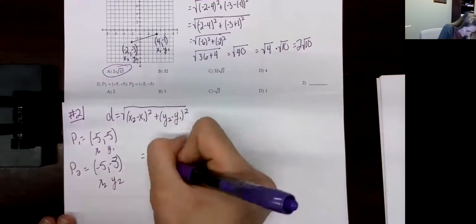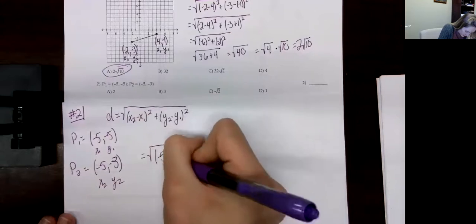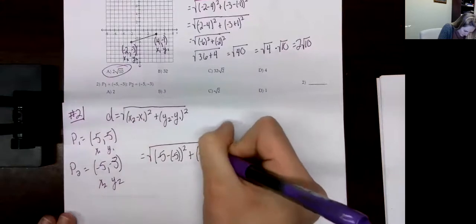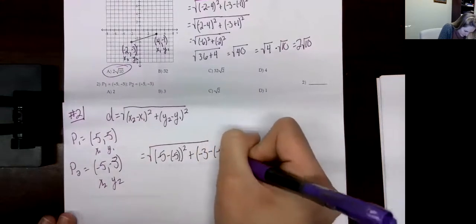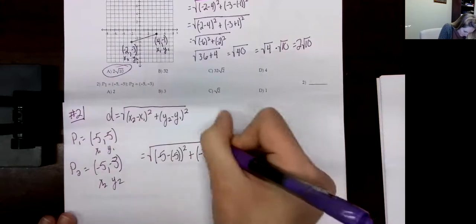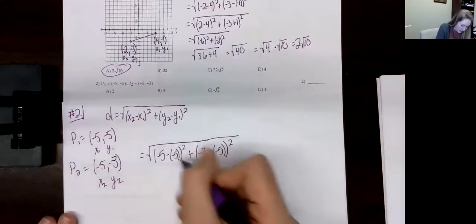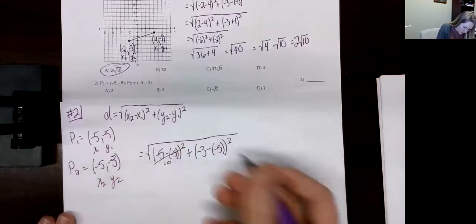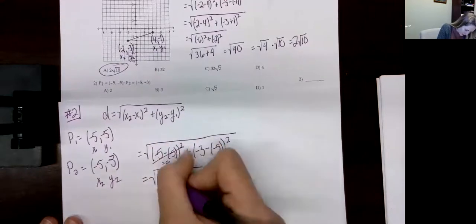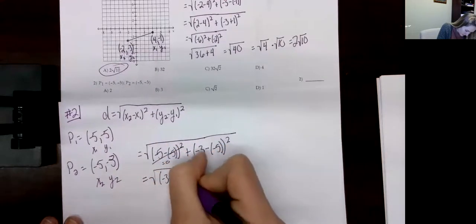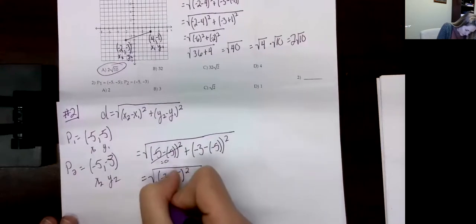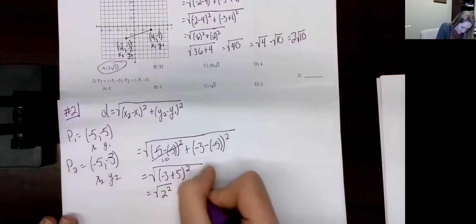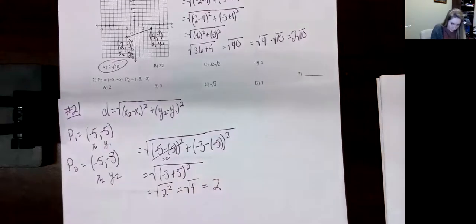So we have -5 subtract a -5 squared plus -3 subtract a -5 squared. -5 subtract -5 is 0. So I'd have -3 plus 5 squared, which would give me the square root of 2 squared. These would cancel out, but we'd have square root of 4, which is 2, if we didn't cancel it out.